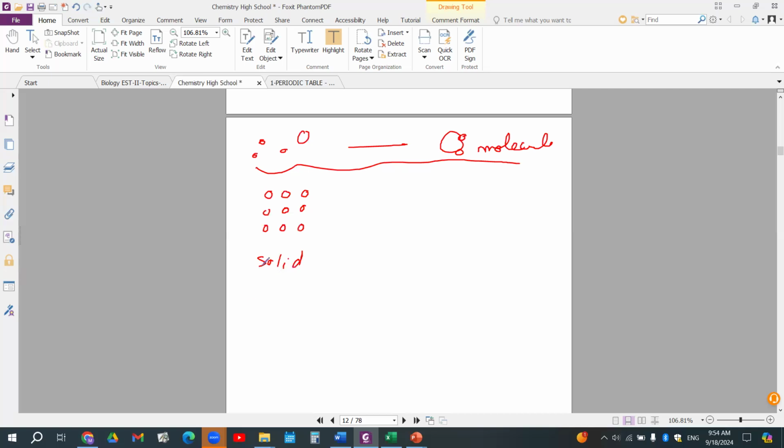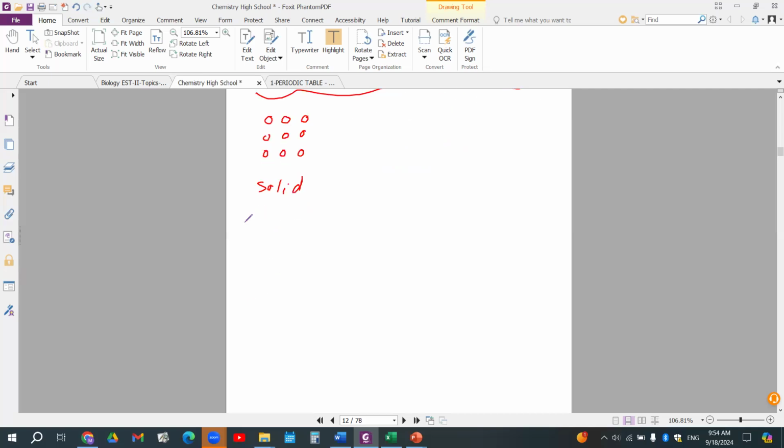They have intermolecular forces. Intermolecular means between molecules. High. They have kinetic energy of molecules. How? Kinetic energy, do they move?